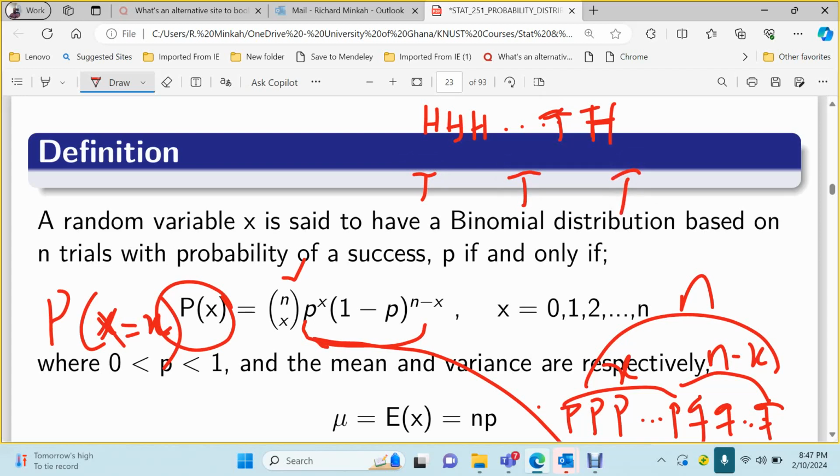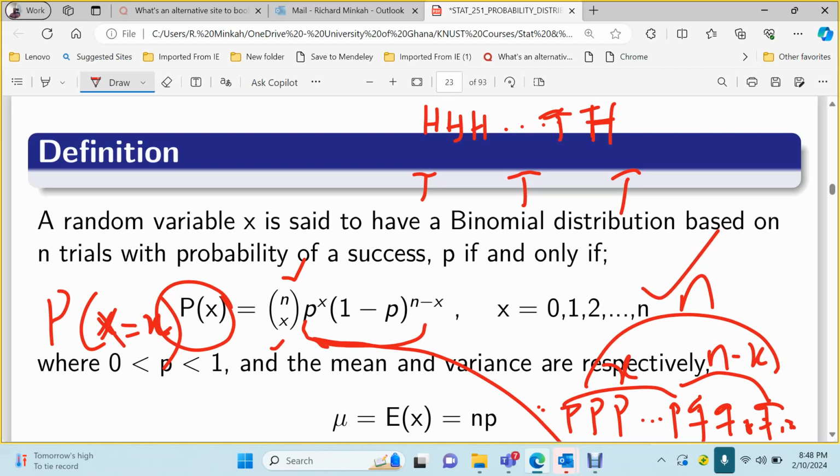So the number of ways in which we can have X occurring out of the N is this one. I can move a p to the other side, or all the p's can come here, or one q can come to the front, and so forth. So you can have different arrangements of how the successes occur within the N trials, and that is catered for by N combination X.